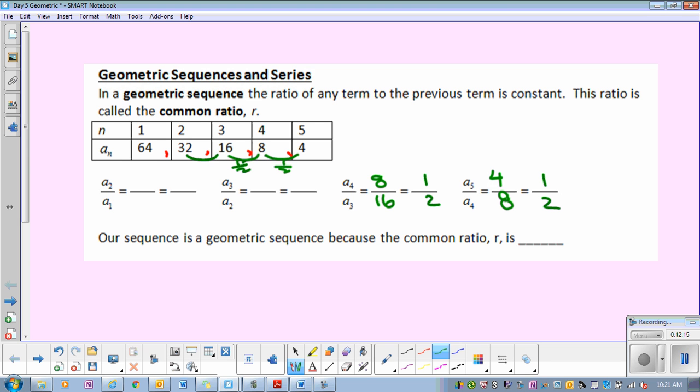Now do the next one. 16 over 32. That gives me what? Half. Good. And then the last one, 32 over 64. Half, yeah. So your r, or the common ratio, is 1/2 for this sequence.